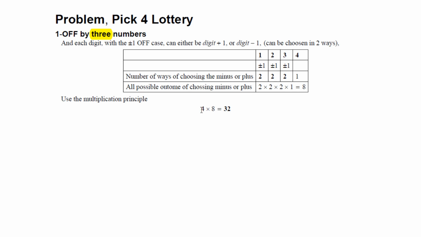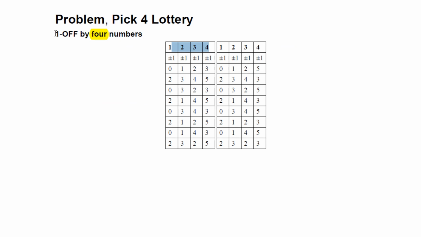We multiply 4 times 8 and we get 32 possibilities, 32 tickets. So the probability, we divide 32 by 10,000 and we get 1 chance out of 312.5.